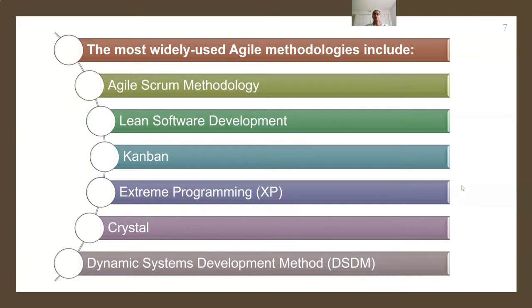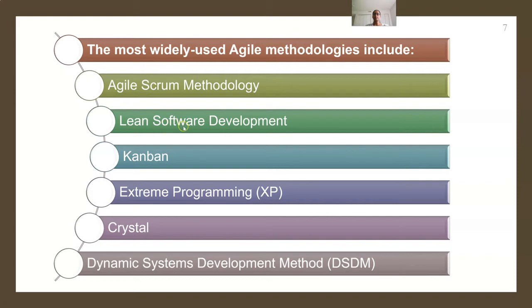The widely used Agile methodologies include the Scrum methodology, Lean software development, Kanban, Extreme Programming, formerly known as XP, Crystal Clear, and Dynamic Systems Development Method, that is DSDM.